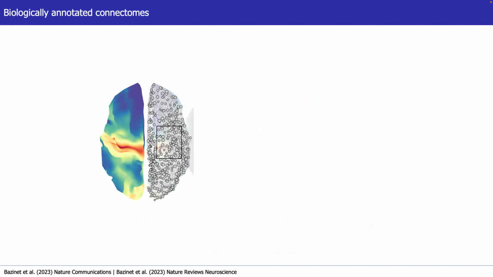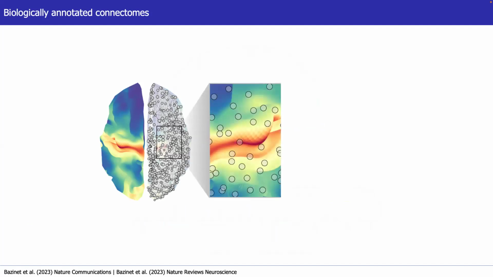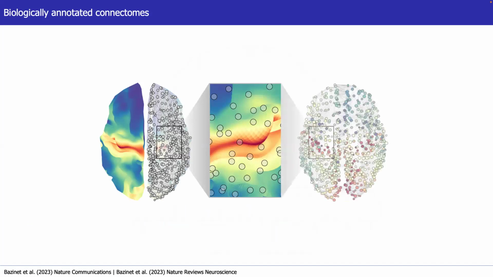So you can take a map of whatever microarchitectural annotation you have, look for every node exactly where it lies on this map, and assign a scalar value or a vector of values to each and every node in the graph. In network science, these are called colored graphs or annotated graphs.